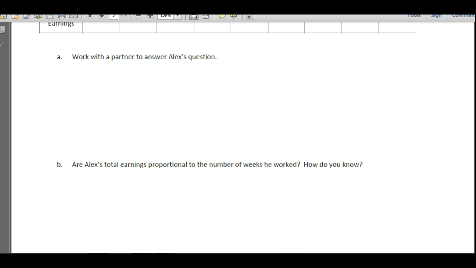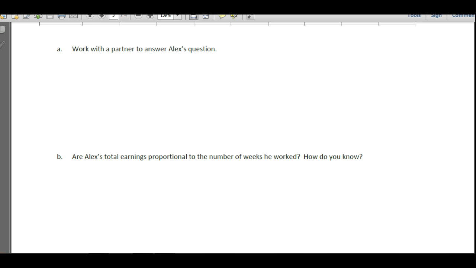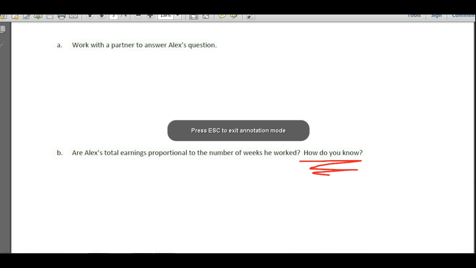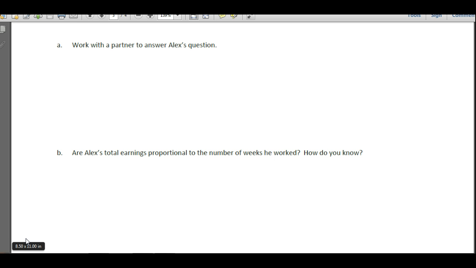Work through these problems to answer Alex's question if he'll have enough money to buy that gaming system. And then B, are Alex's total earnings proportional to the number of weeks he worked? And how do you know? This is something I'm trying to stress, this idea of explaining ourselves in math. How do you know? Okay, so I'm going to pause here, and I want you to take a few minutes to work out those problems and come on back.